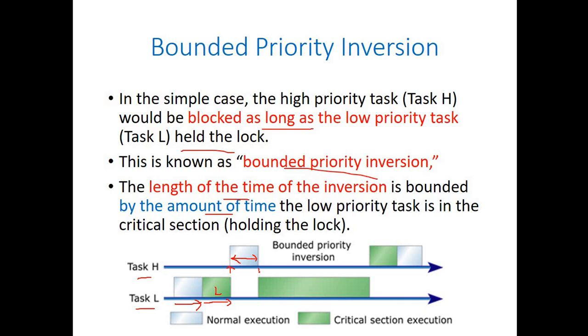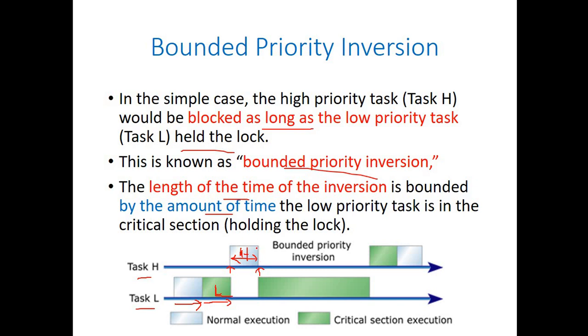Task H requires the lock on a resource, but this lock is held by task L. Therefore, task H fails to acquire the lock on the resource which is held by L. So what happens?